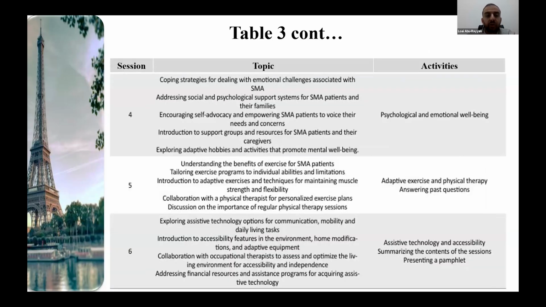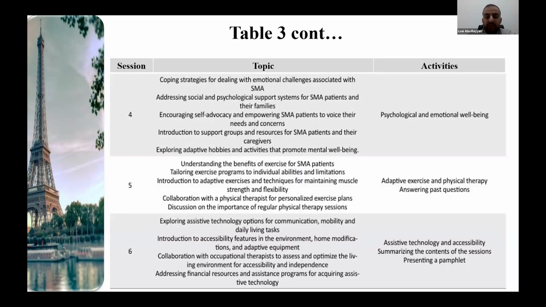The fourth session is about coping strategies for the family and emotional challenges associated with SMA, addressing the social and psychological support for this family, encouraging self-advocacy and empowering SMA patients to voice their needs and concerns. We use activities for psychological and emotional well-being for those families.